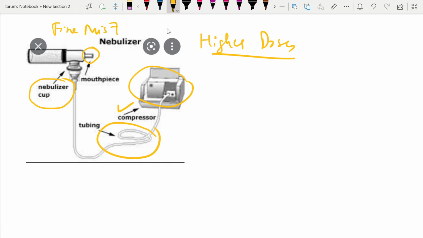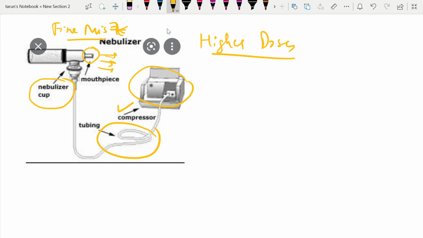They transform the medicine like salbutamol, beclomethasone, ipratropium bromide into a fine mist which can be breathed in by normal breathing, or via the face mask or via the mouthpiece.